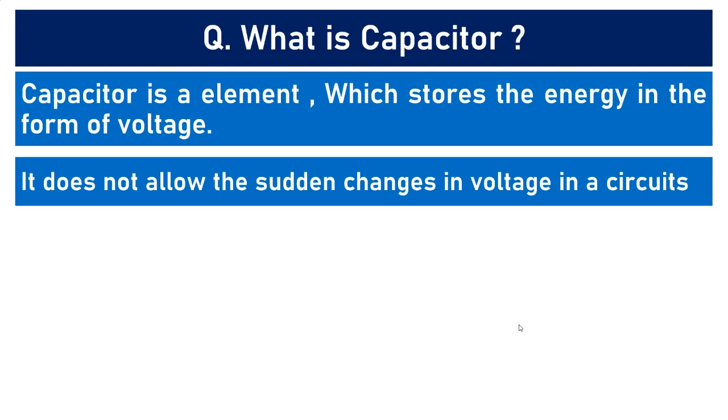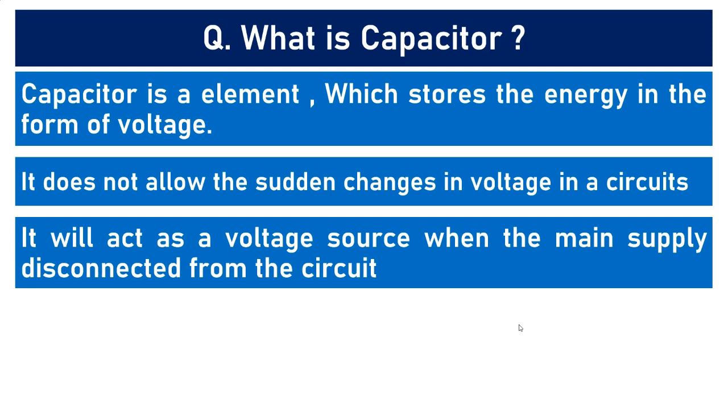Capacitor stores the energy in the form of voltage, but the most important property of this capacitor is it does not allow sudden changes in voltage. It will act as a voltage source when the main supply is disconnected from the circuit.